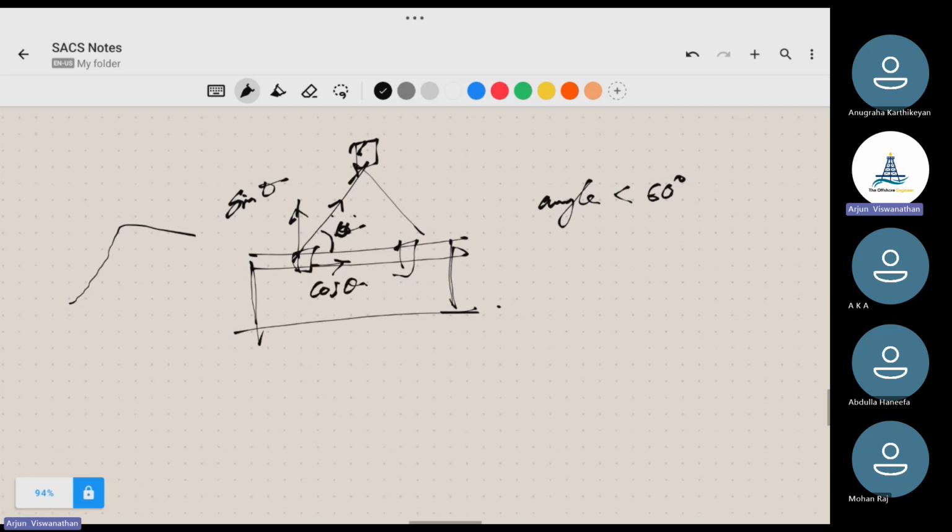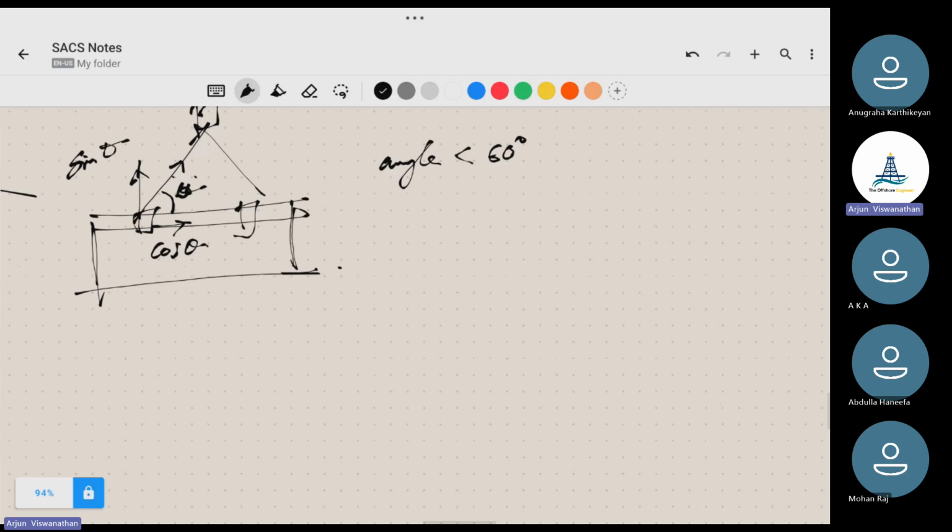Okay. So how does the cos theta value change from 0 to 90? Cos 0 is equal to 1 and cos 90 is equal to 0. But sine 0 is equal to 0 and sine 90 is equal to 1.